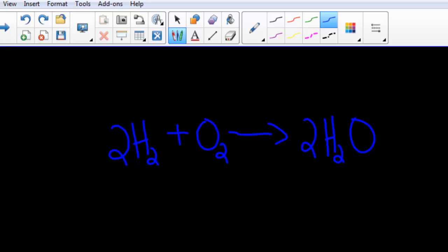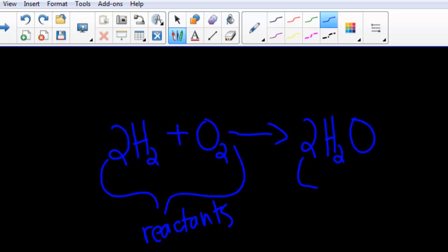And again, on this left-hand side here, these are the reactants. On the right-hand side, after the arrow, these are the product. This is, in this case, one product. So we're combining hydrogen and oxygen. And the arrow, whenever you see this arrow, that's showing the reaction is taking place. That's where the reaction happens.